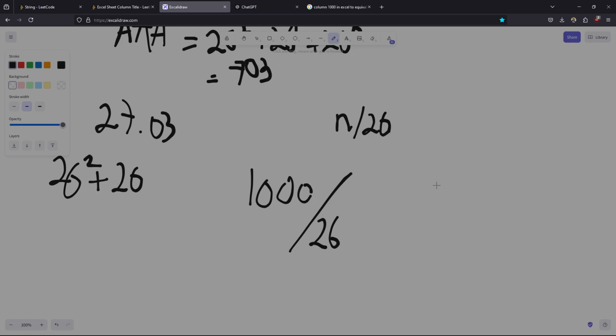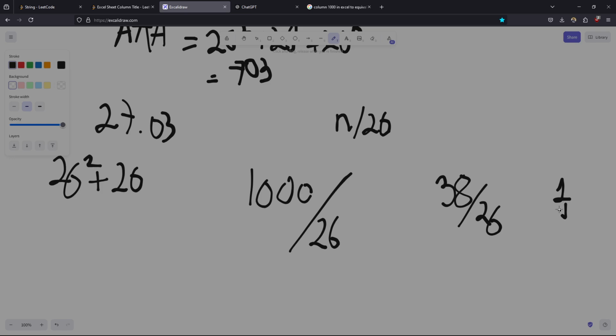We will get 38, so it means it is greater than 26. Now I will again pass this number to that same function, and it will again divide it by 26, and now we will get 1.46. So let's say 1.